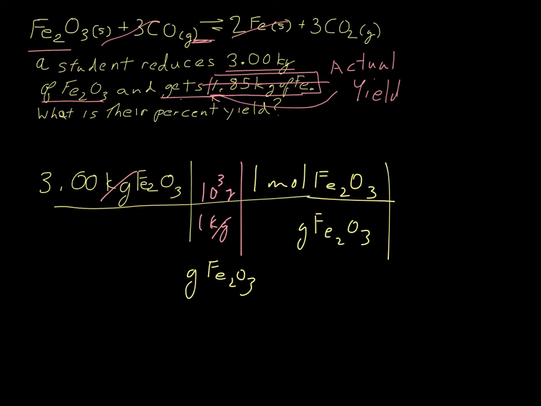If we multiply 2 times 55.845, then we add 3 times 15.9994, we wind up with 159.688 grams. I have gotten rid of grams of iron(III) oxide, and I have moles of iron(III) oxide.